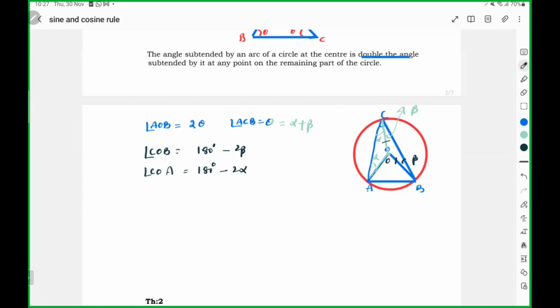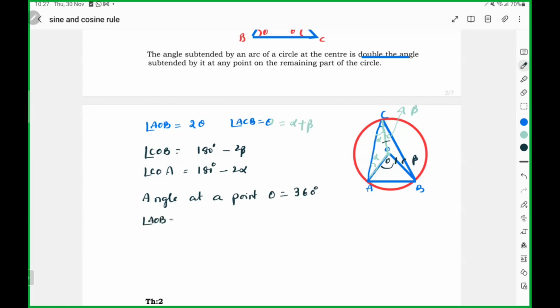Right. Now the angle at a point O is 360 degrees.